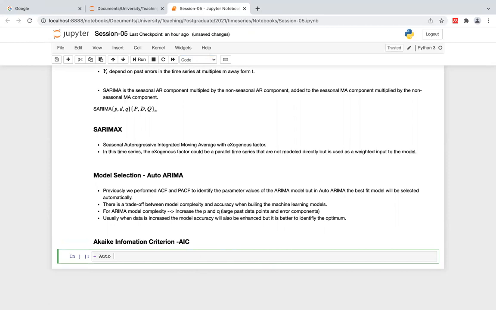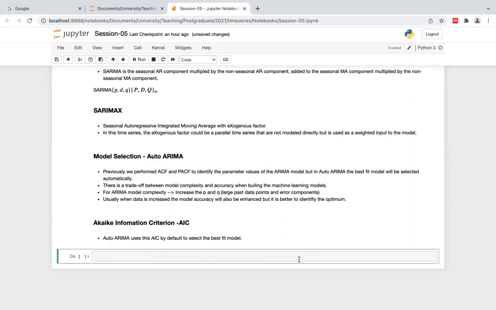The auto ARIMA uses this AIC by default to select the best fit model, right?